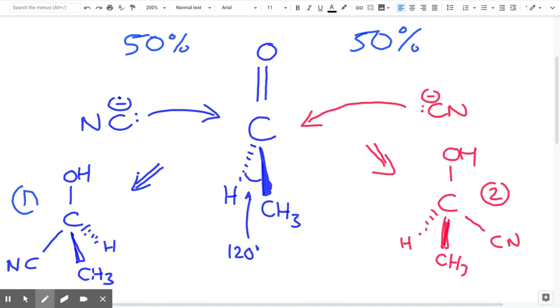That means when you have a mixture of isomers 1 and 2, you have an equal amount, and so the mixture that you will then obtain is what's called a racemic mixture, whereby you have equal contributions of both optical isomers, or both enantiomers as they're also called, a 50-50 contribution from both, leading you to a racemic mixture of both optical isomers.